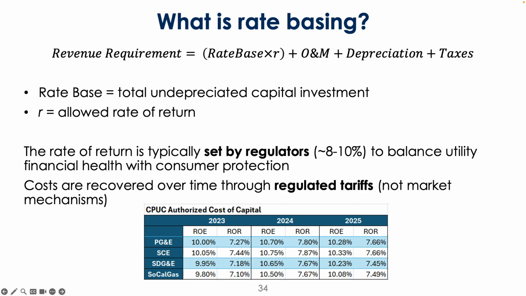The customer protection piece is saying, we will protect you from the utility charging an onerous amount of money relative to what they spent on all of that capital infrastructure. That's the PUC, the Public Utilities Commission, and we're going to talk a lot more about their role in helping to do this regulation.